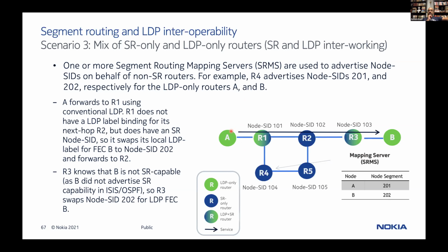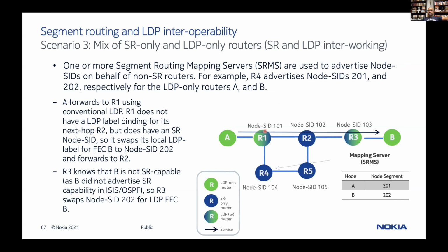It does not have a label for B. It does not have an LDP label for router B. So what needs to happen here is that router 1 has to advertise an LDP label for router B, right?